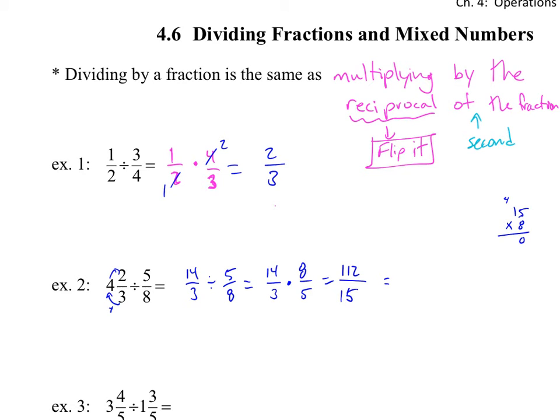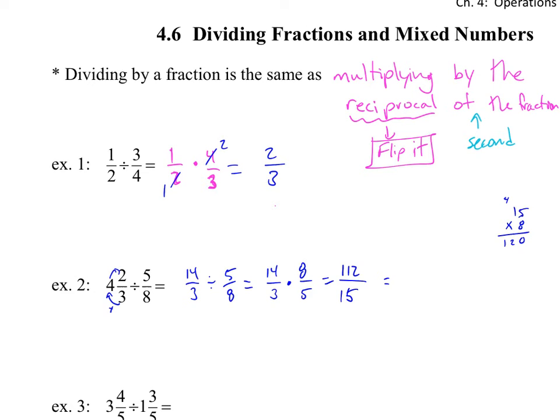Isn't this supposed to be 112? Yeah, I'm thinking. I got you. 120. 15 times 7 is 105. It goes in 7 times.